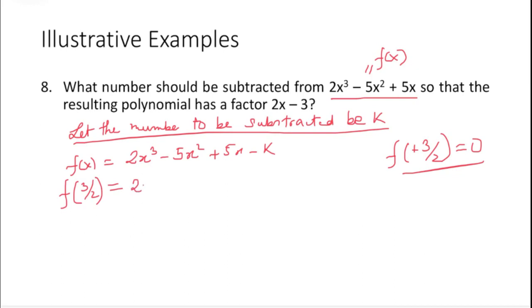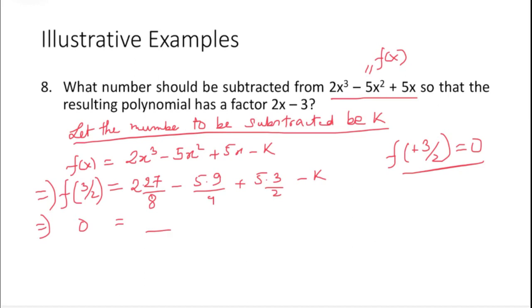So 2 times (3/2)³, so 3 cube is 27 divided by 2 cube is 8, minus 5 times x square, so 9/4, plus 5 times x, that is 3/2, minus k, and this must be equal to 0, right?